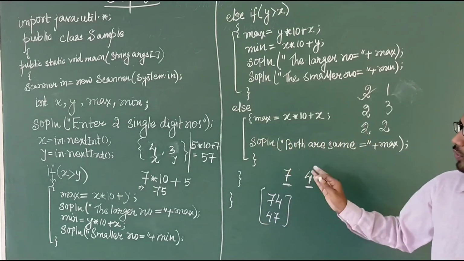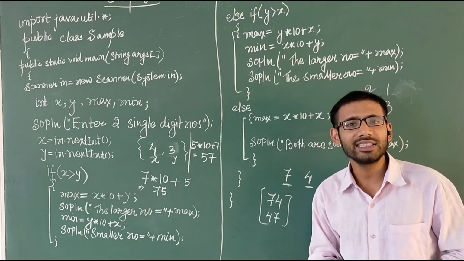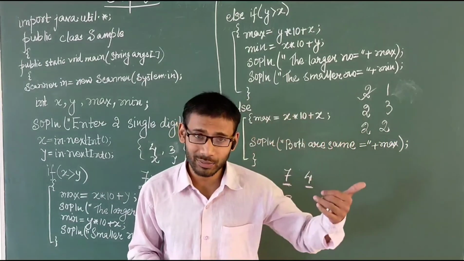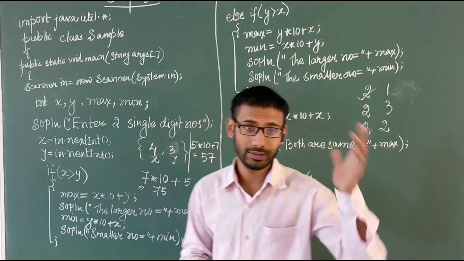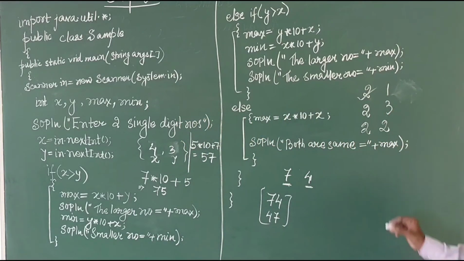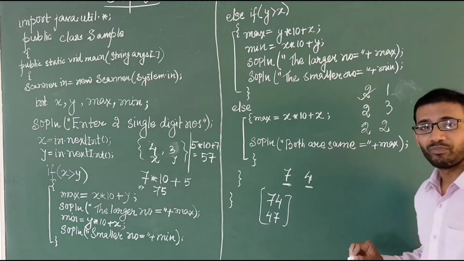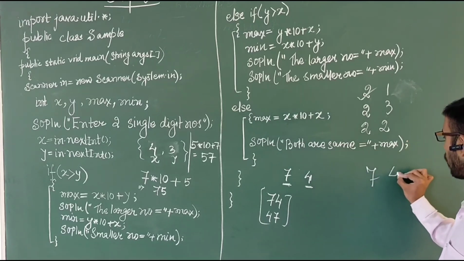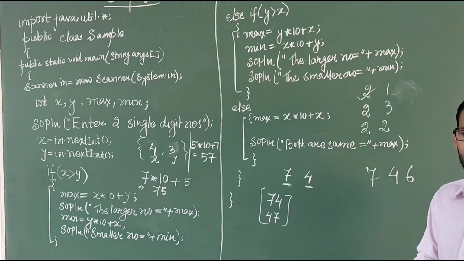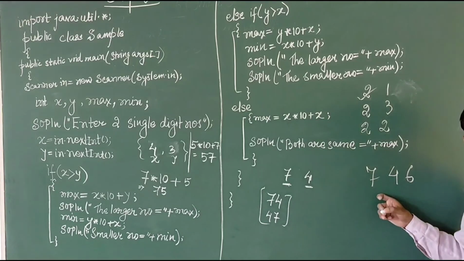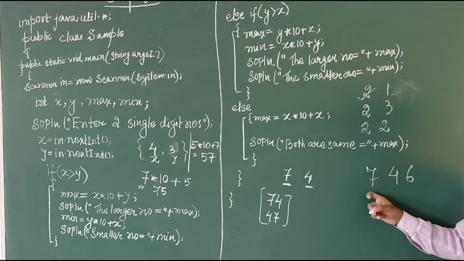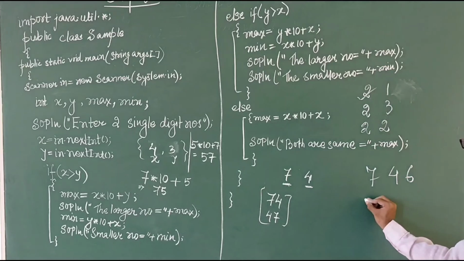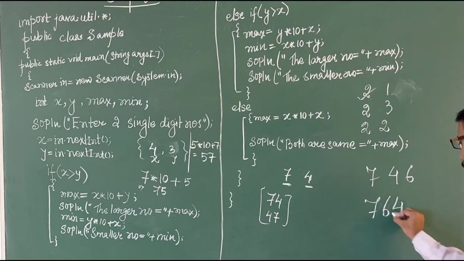So a question might also come that accepts 3 single digits and finds the largest number and the smallest number. The user is supposed to give 3 different digits, for example, 7, 4, 6. Find out the largest number and the smallest possible number. Out of these 3 individual digits, the largest number that is possible is 764.